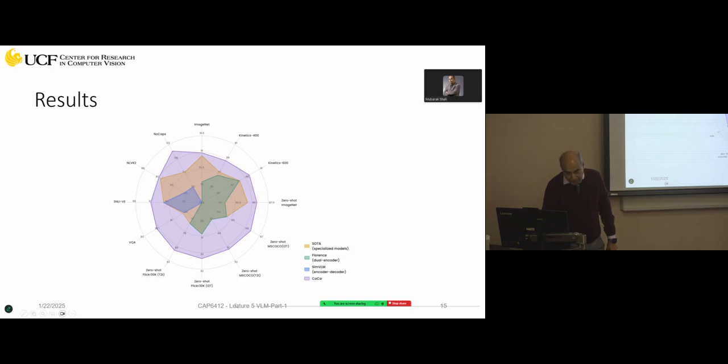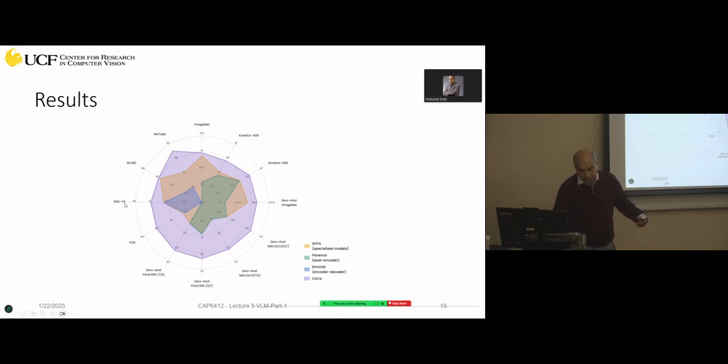Then this is another data set called Flickr. Again, image to text, and this is text to image. Okay? And then this one is VQA, visual question answering. We'll have an image, question, answer.